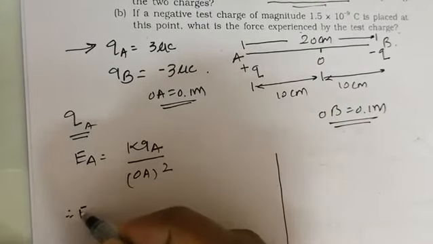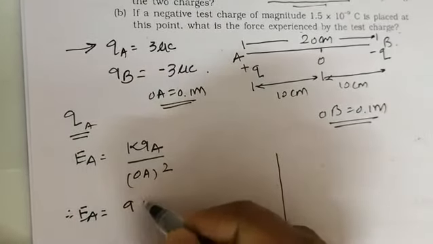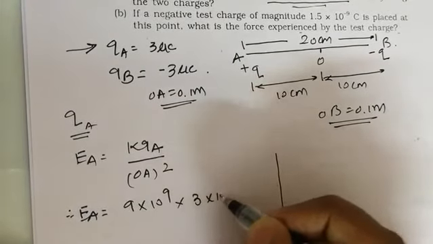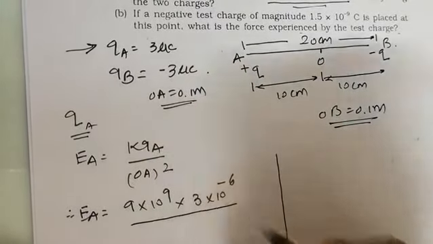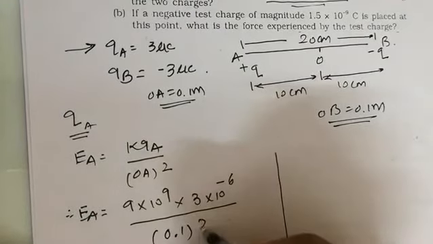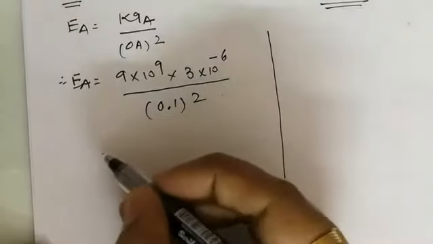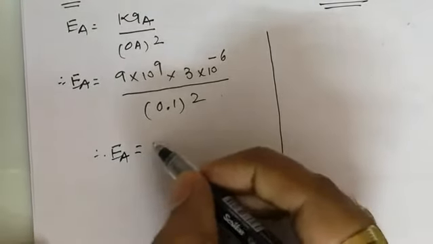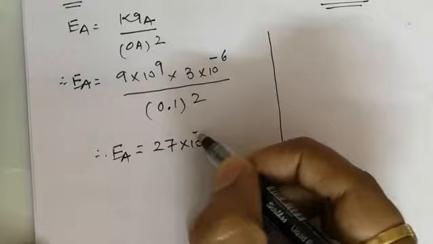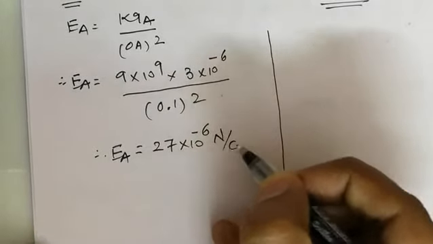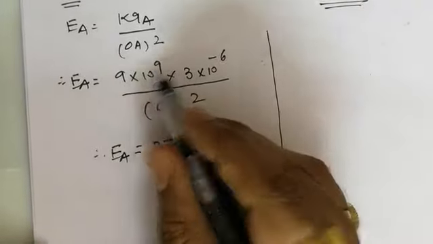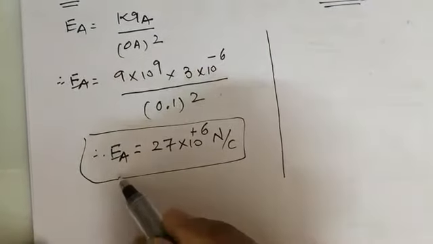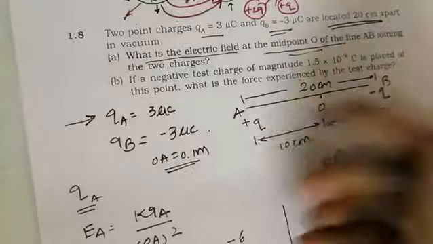So I can have 9 cross 10 to the power 9, the value of QA is 3 cross 10 to the power minus 6, and OA is 0.1 square. I can have electric field EA for the first positive charge, 10 to the power, sorry, it would be plus 6 because we have plus 9 and minus 6. It is Newton per coulomb. This is for EA, meaning for A.